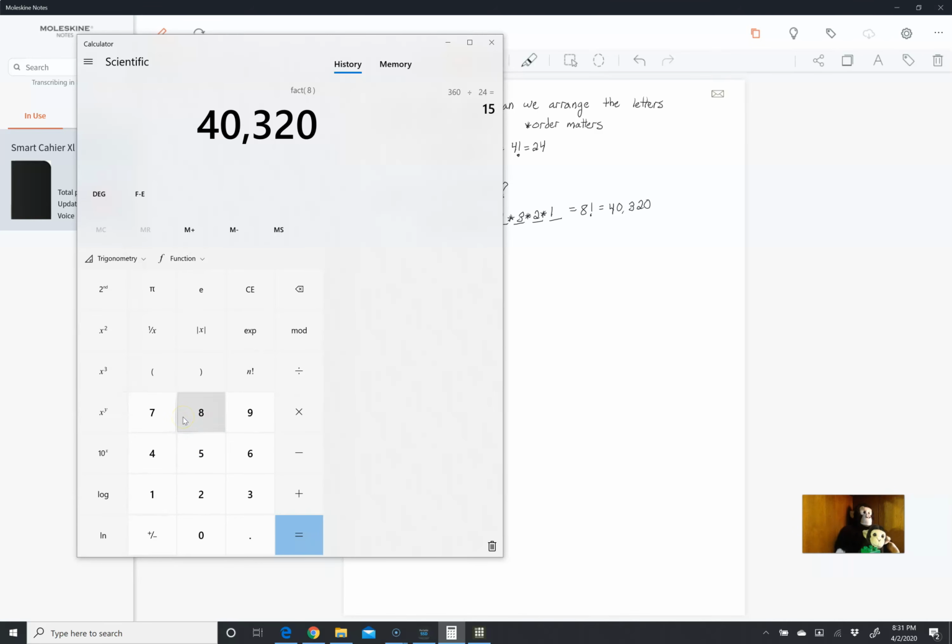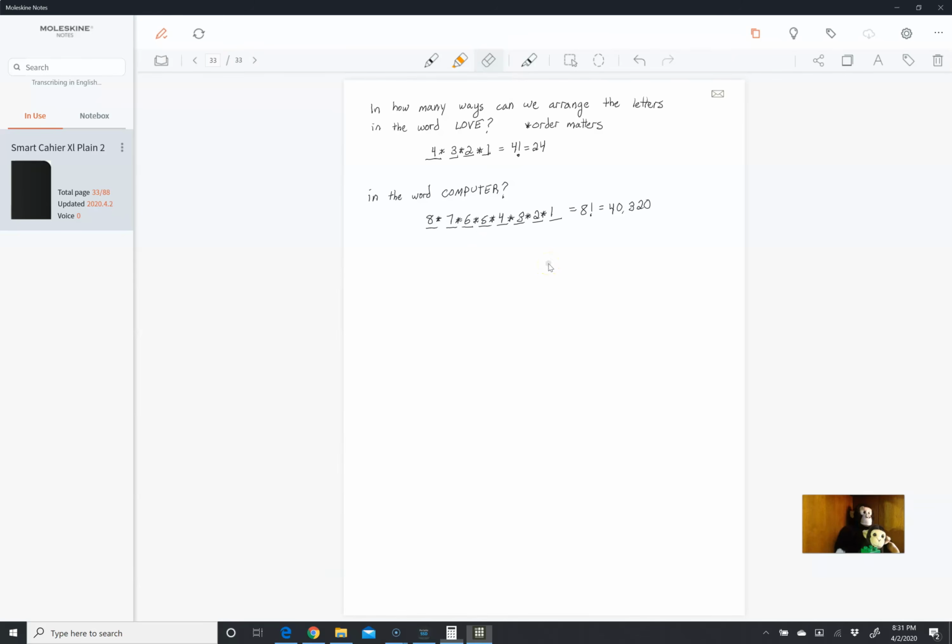The TI-30X, you would type in 8 and then the factorial button, okay? Otherwise, I'm not sure. So you might have to ask, or you might have to look in a manual, okay? In both of these, there's no repetition, meaning every letter is different.